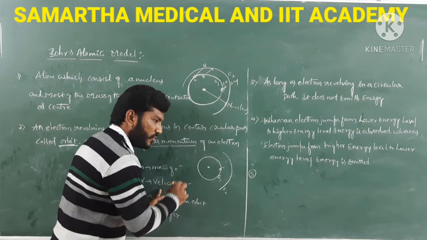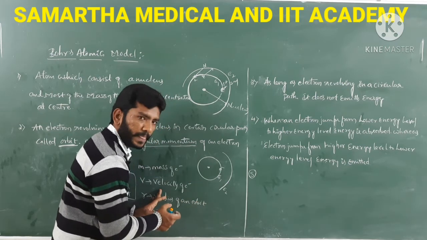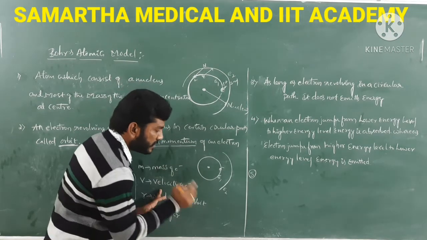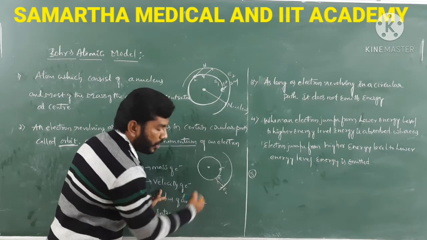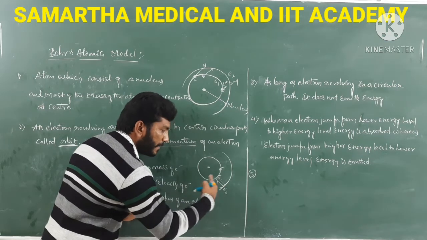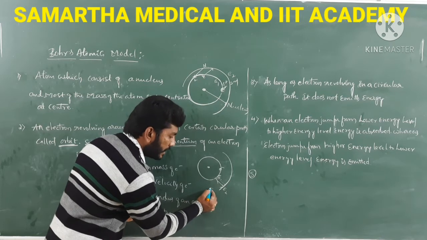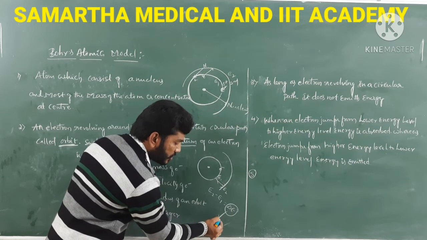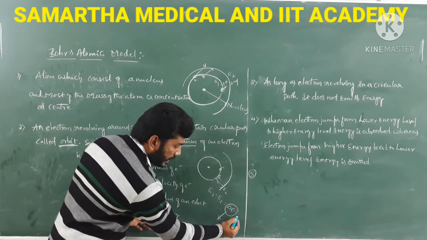But irrespective of the transition, whether the energy is released or absorbed, that energy is equal to the energy difference between these two orbits. So if an electron makes a transition from the first orbit to the second orbit, the energy difference will be E2 minus E1, which equals delta E, and delta E equals the energy of a quantum of radiation, that is h nu.